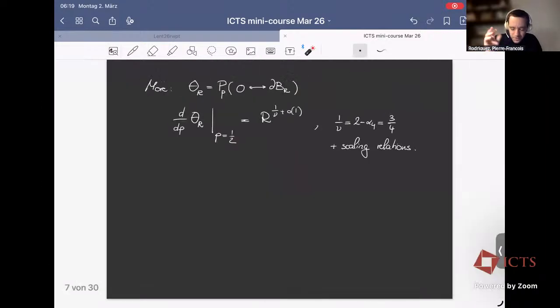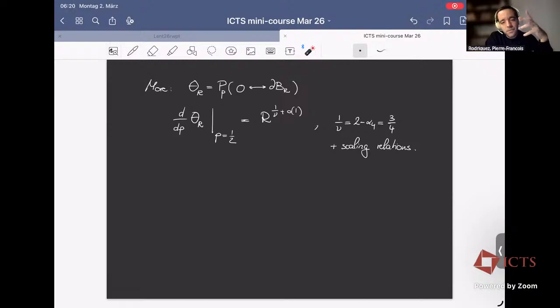So there's of course much more to be said. First of all, let me briefly mention, usually one mentions this one-arm exponent in conjunction with another. Traditionally, and this goes back to work of Kesten, together with what's called the four-arm exponent, which is related to pivotal points, and you can think of this as saying something about the derivative of this one-arm probability.